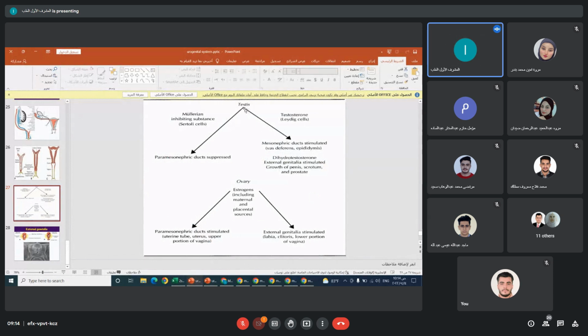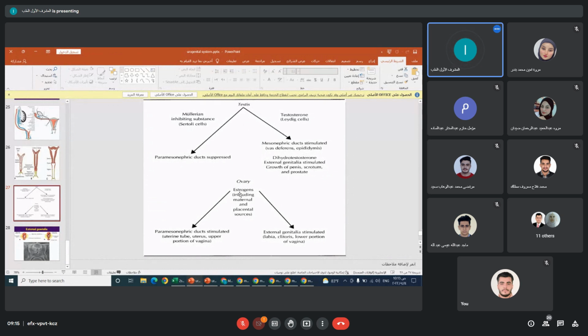Okay. So when there is testis, there is testosterone, and the Sertoli cells also excrete Mullerian inhibiting substance. What is the result? The paramesonephric duct will be suppressed, and the mesonephric duct will form the vas and epididymis. Then, with testosterone, the external genitalia will form the penis, scrotum, and prostate.